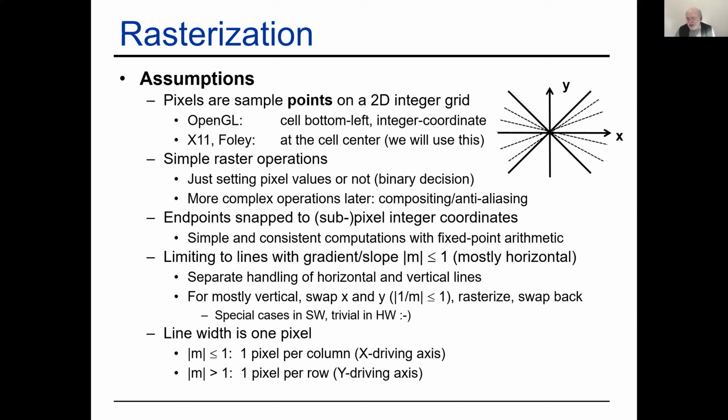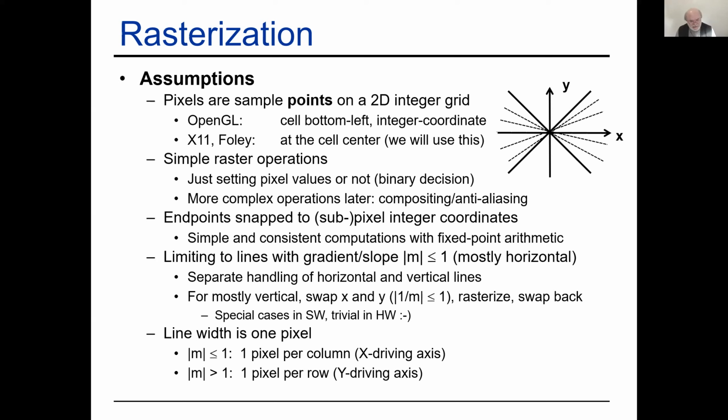Also, we are assuming that our endpoints are snapped to those integer locations. So we're not considering floating point coordinates for rasterization, but we're rounding them to the nearest integer locations.